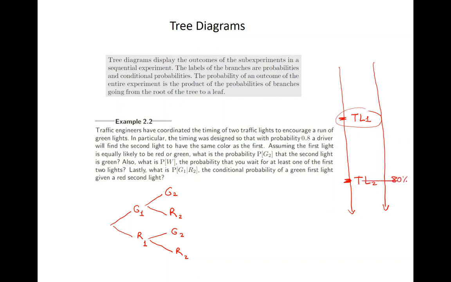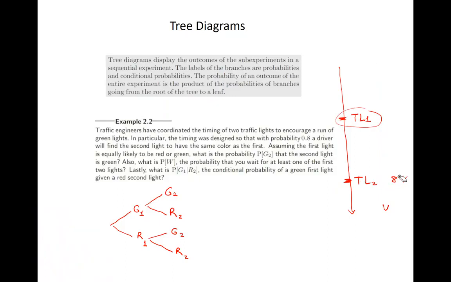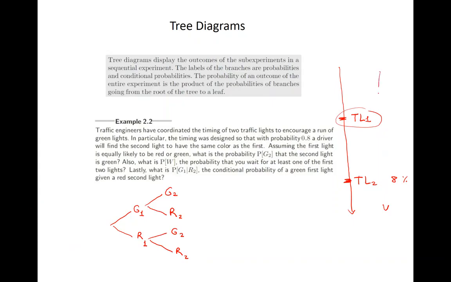So if the first is green, then the second is also green with probability of 80%, so 0.8. This is how they design it.